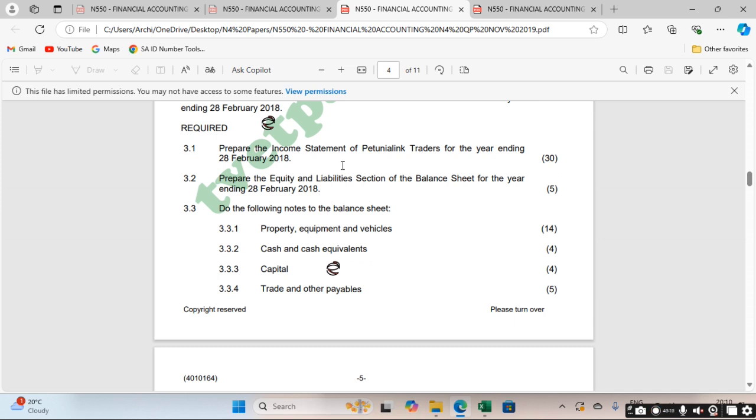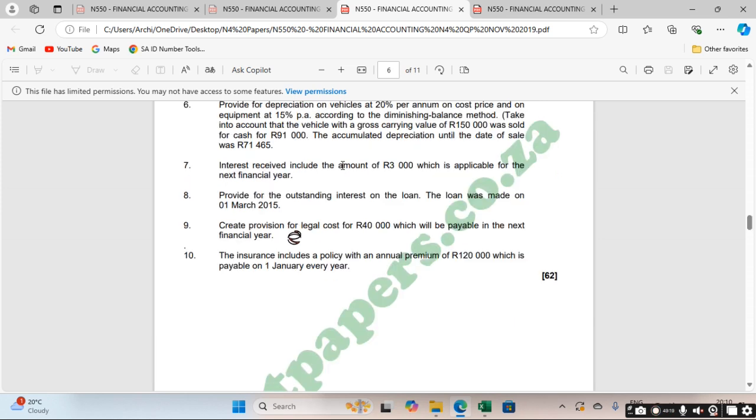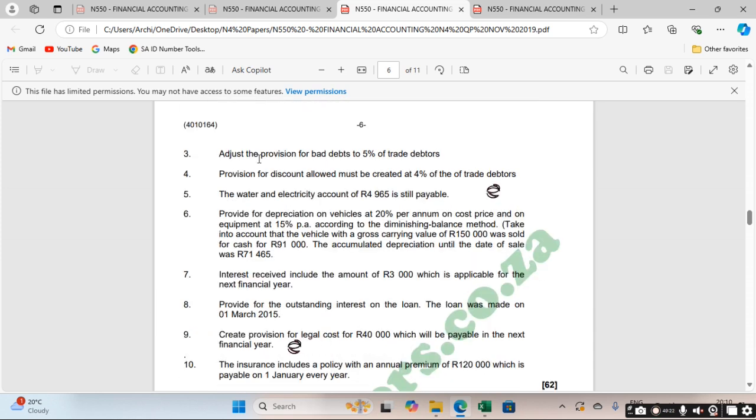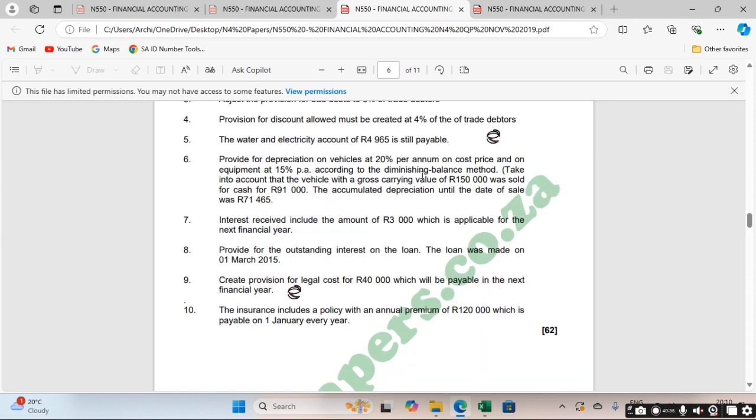Okay, income statement. See, transaction number 1, straightforward. Adjust provision for bad debts, allowances for... the water and electricity account is still payable. Take into account that the vehicle's carrying value was sold. Interest received includes an amount of 3,000 which is applicable for the next financial period. The loan was made.